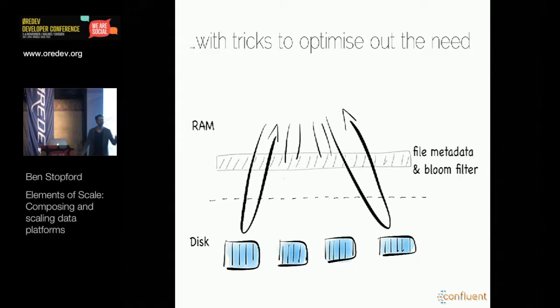We've got a few. Okay, cool. Bloom filters sound complicated, but they're actually really simple. It's a probabilistic data structure that you can tune to some probability, and within that probability, it will tell you whether or not a key exists inside one of these files. But the main point of it is it has a very low memory overhead.